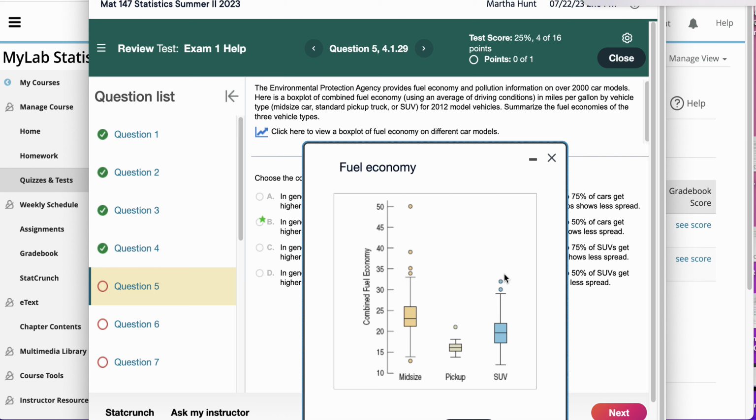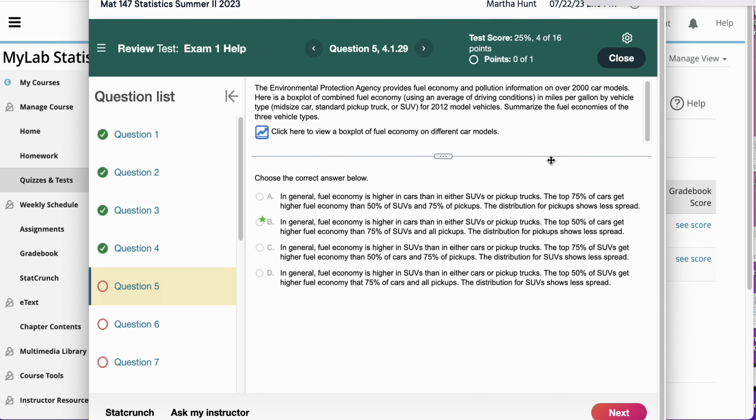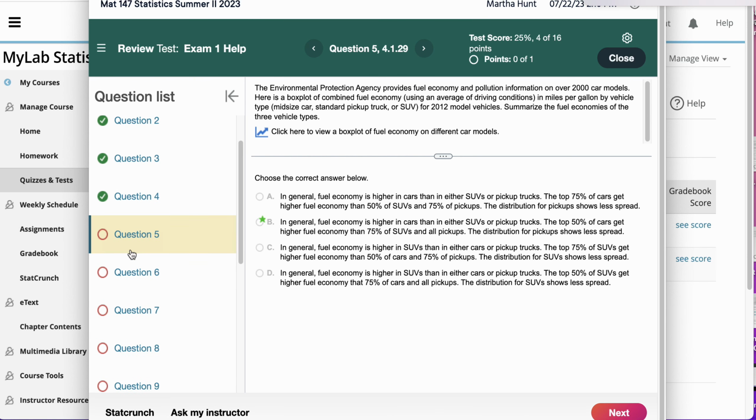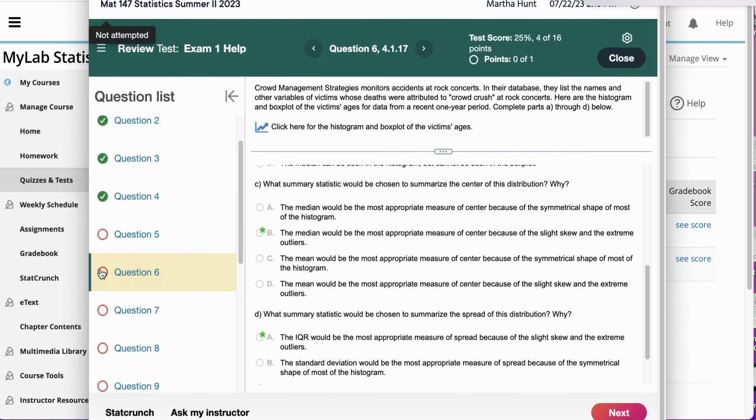So yeah, that is true. I mean, really, this part is higher than this part. Okay, so it's a meaty question. So you definitely want to review that one.